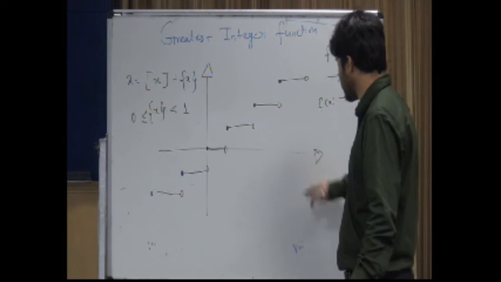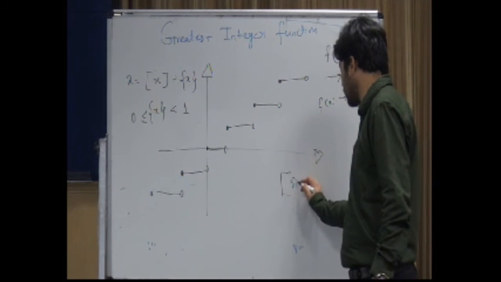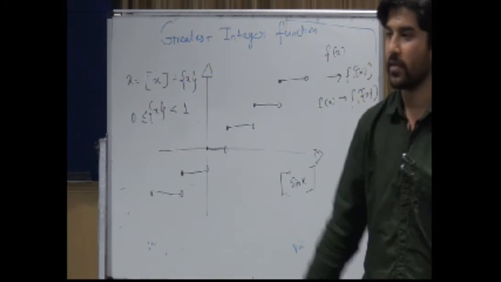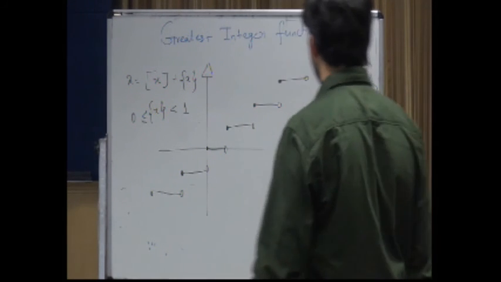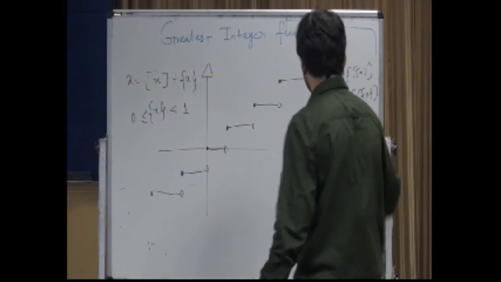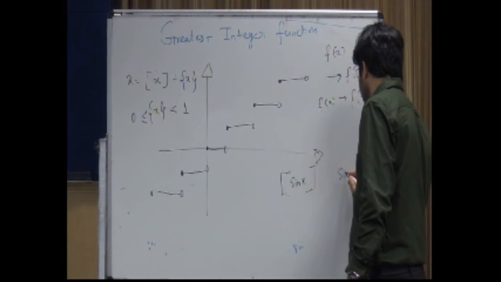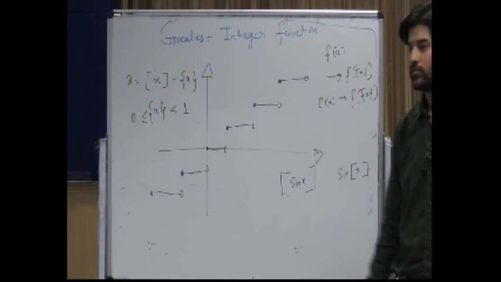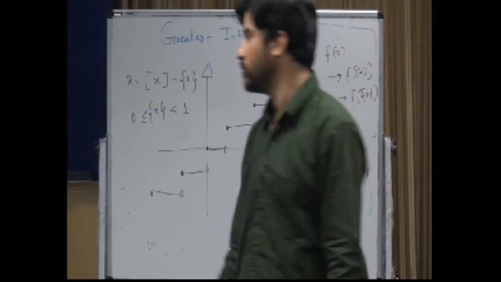Let's say if I ask you to draw this, बना लोगे? कैसा होगा बनाओ तो ग्राफ. फिर ये भी बनाओ. दोनों ग्राफ बनाओ.